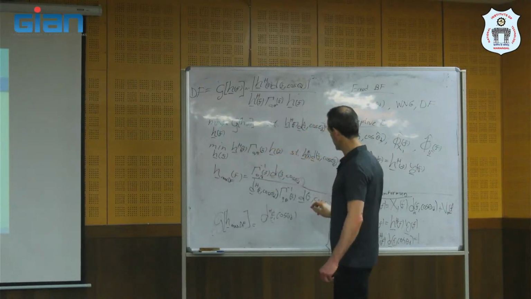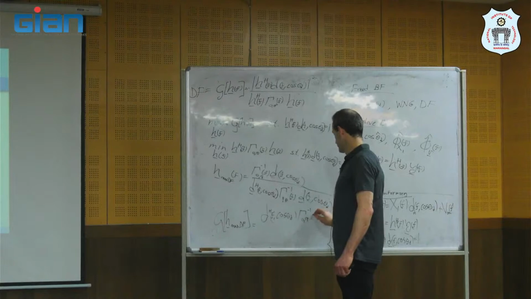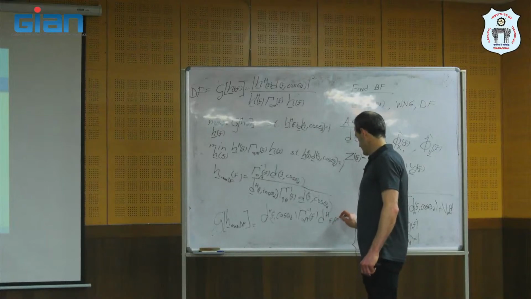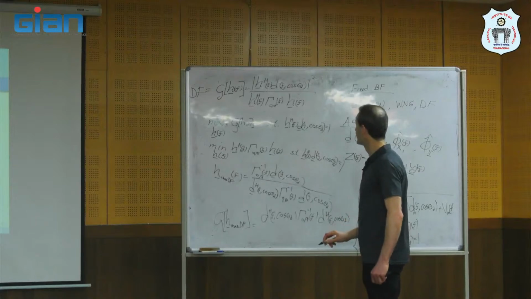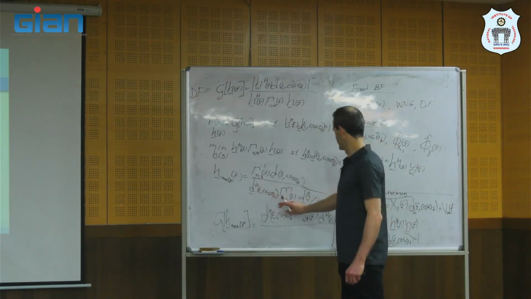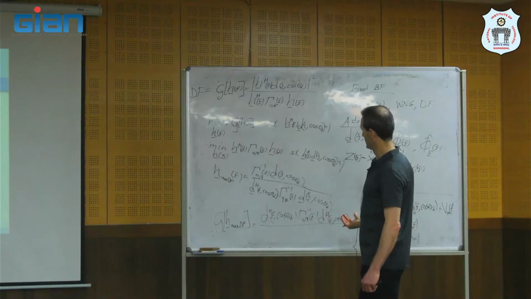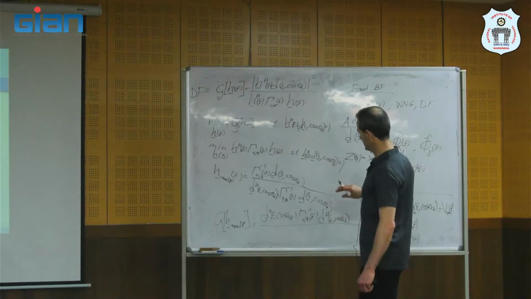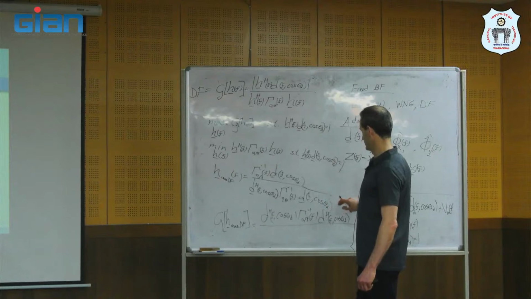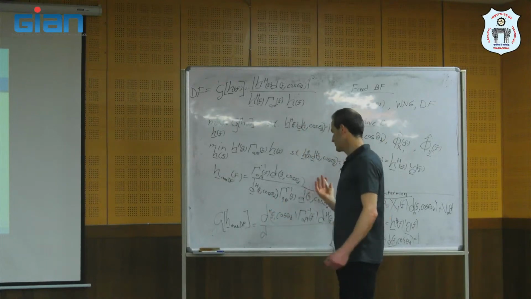Then again I take h, so I will get gamma minus 1 d h divided by the square of this, and then I need to take 1 over. I will write it and then write minus 1, so it will be easier for us.